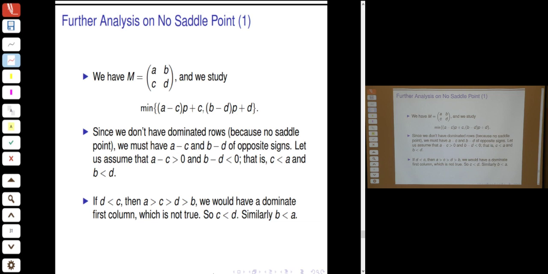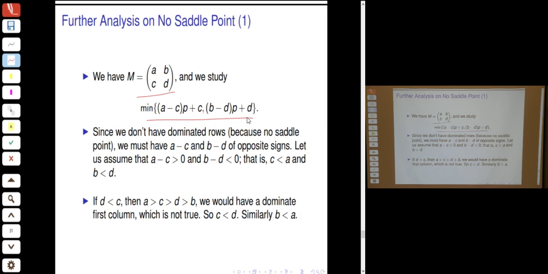So we have this payoff matrix A, B, C, D, and we are studying (A minus C) times P plus C and (B minus D) times P plus D. Now at some point we have to use the fact that there is no saddle point. If there was a saddle point, it would have been very simple, and we would have had a Nash equilibrium in pure strategies itself. We are working under the hypothesis that there is no saddle point, and somewhere we have to use it.